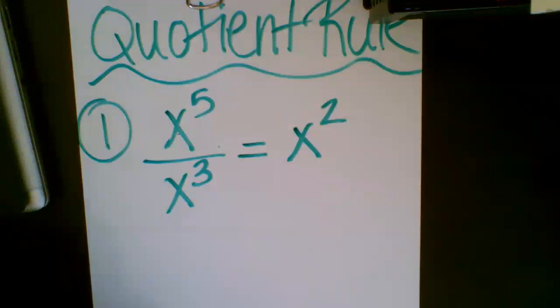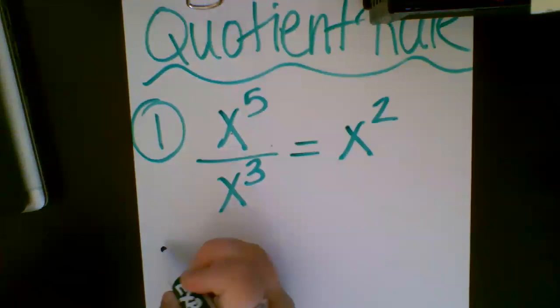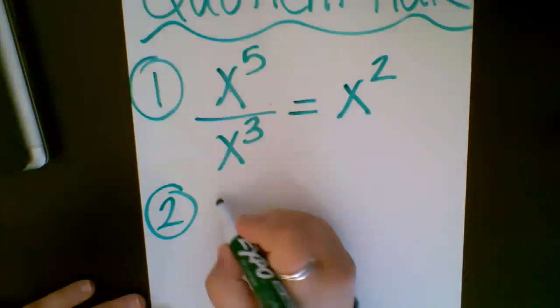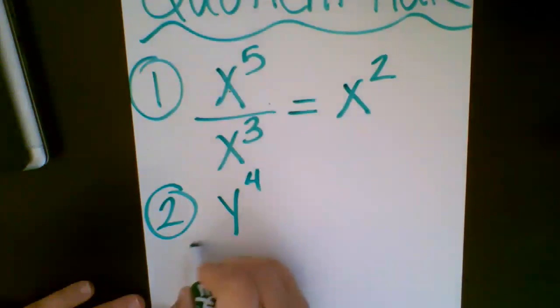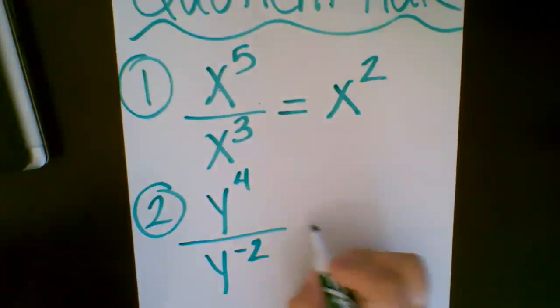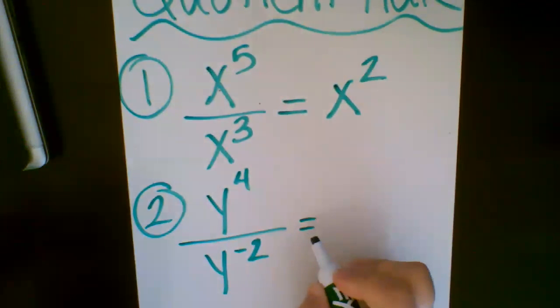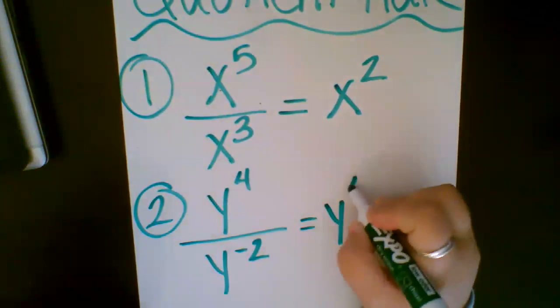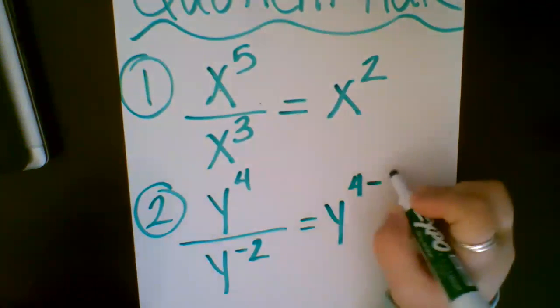No. Excellent. Let's make it a little harder then. Let's use y this time for example 2. Let's say we have y to the 4th over y to the negative 2nd. So same thing, we're going to subtract the bottom number from the top, but we have a negative this time, so we have to be careful when we're subtracting. So we're going to have y to the 4th minus negative 2.